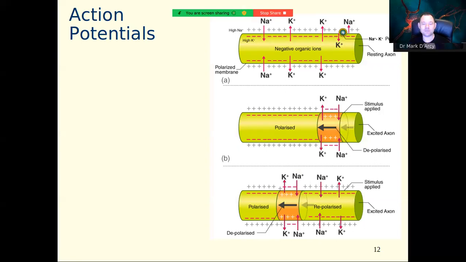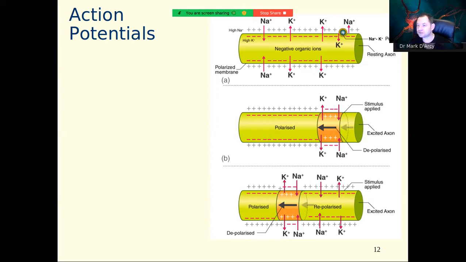A sodium-potassium pump grabs sodium from the inside of the neuron, your body's full of sodium, and pumps it out through a kind of rotating door, like a rotating door in a building, which is actually called a sodium-potassium channel. Sodium is pumped out, and potassium then is pumped in.